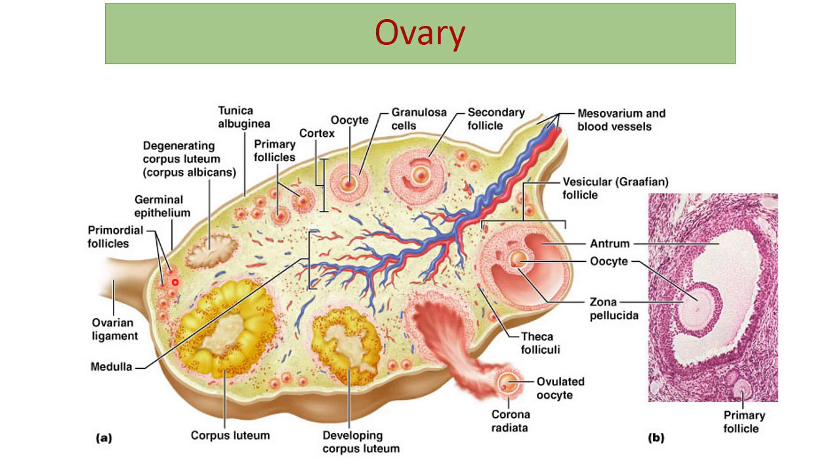And as a result, the first polar body will be produced, and as well you'll have a secondary oocyte within a secondary follicle. The secondary oocyte then will enter into meiosis 2, and then will stall in meiosis 2 at the metaphase 2 stage.